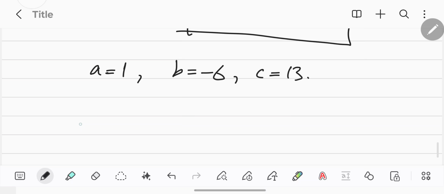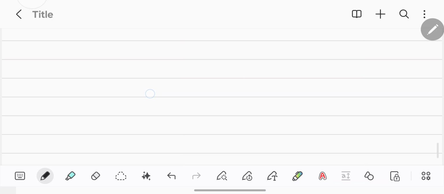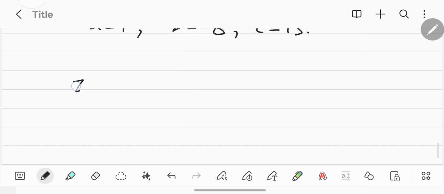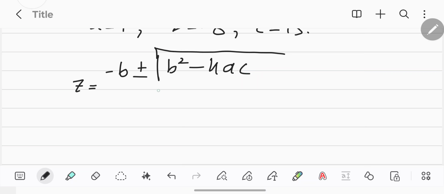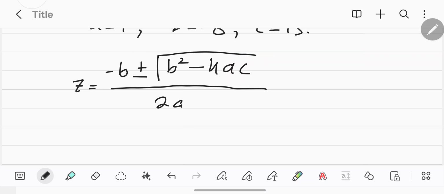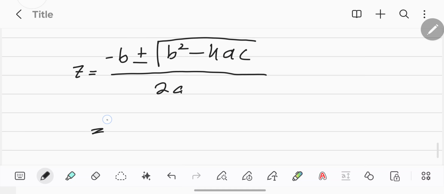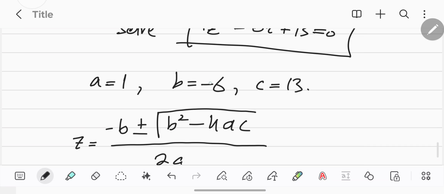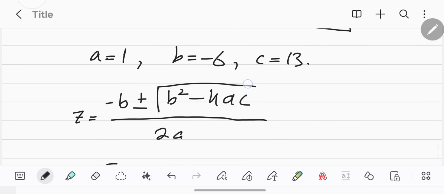Okay, now I can use the quadratic formula. Using the quadratic formula, my value z will be negative b plus and minus the square root of b square minus 4ac, over 2a, which will be equal to negative, what is b? Okay, b is negative 6. That means negative b will be plus 6.